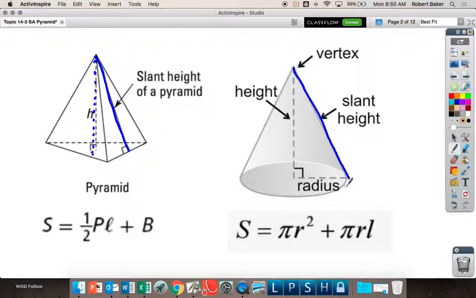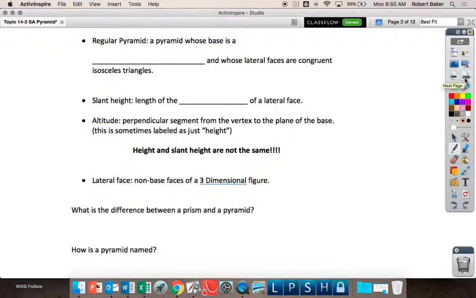So these pictures are meant to be kind of visually confusing, so we can work through it today. Let's see, a regular pyramid, a pyramid whose base is a blank.